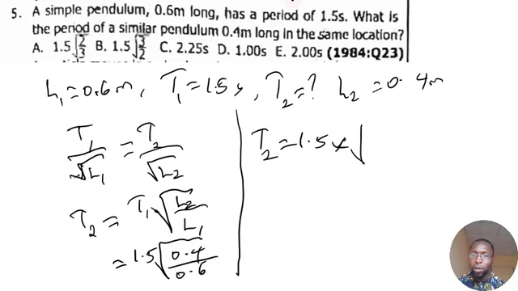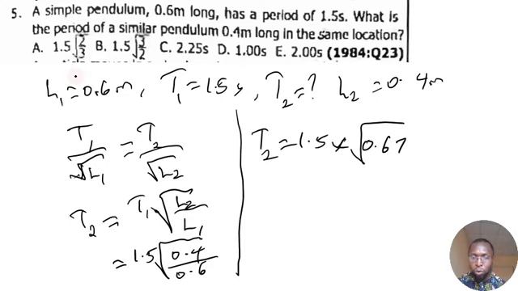of 0.4 divided by 0.6. Okay, so 0.4 divided by 0.6, right? And that's giving us, let's say, 0.67 approximately.